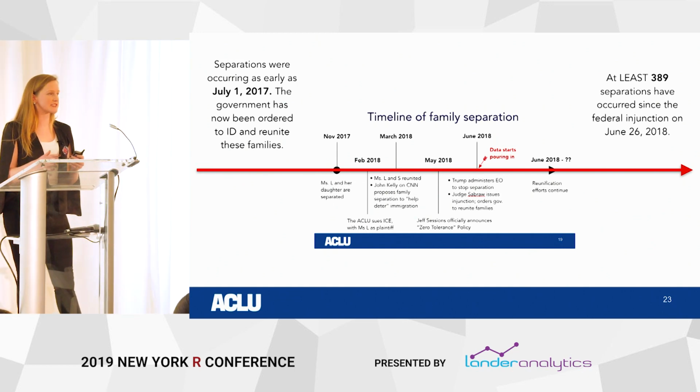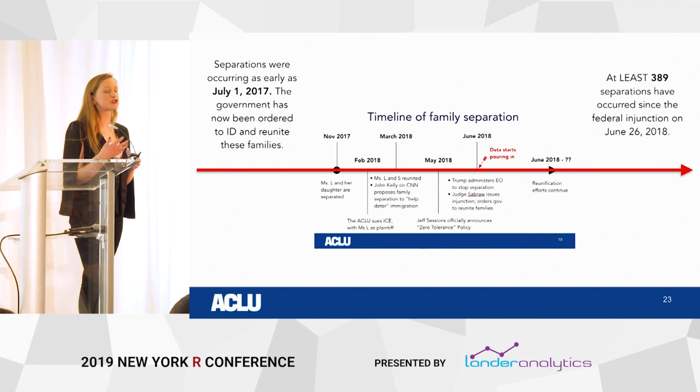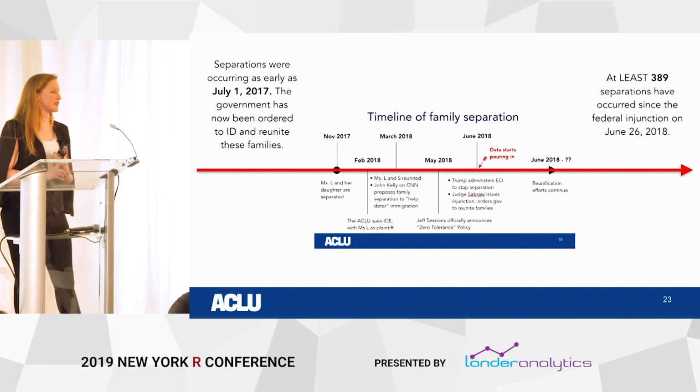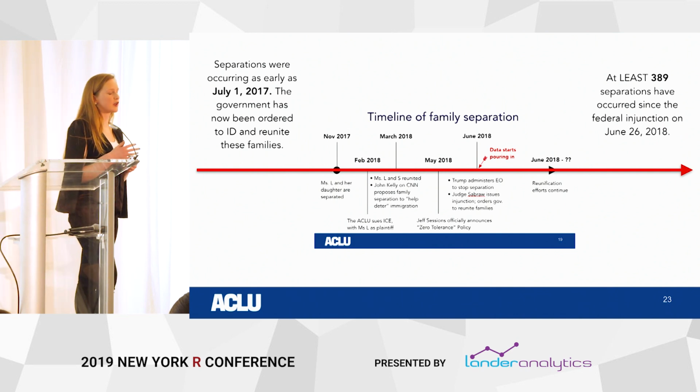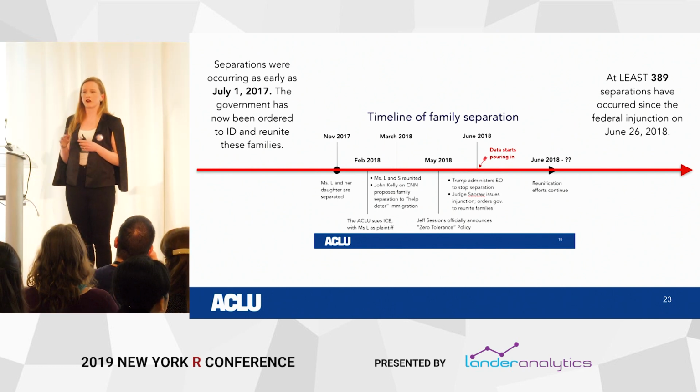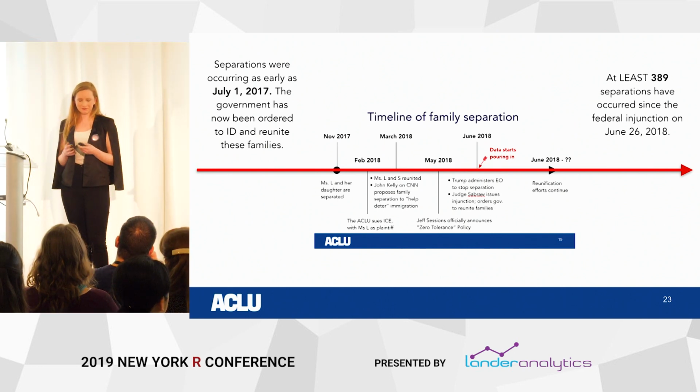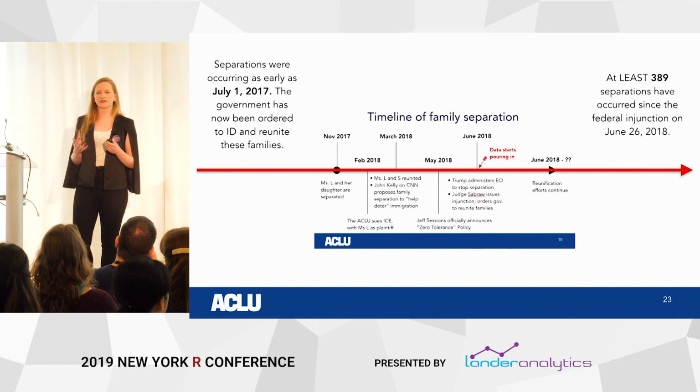Now, I will say the government says that there are certain exclusions that make a separation okay in their mind. So, for example, if the parent has a communicable disease, or if they have a really serious criminal record, there are reasons they say that they are allowed to separate a parent from their children.